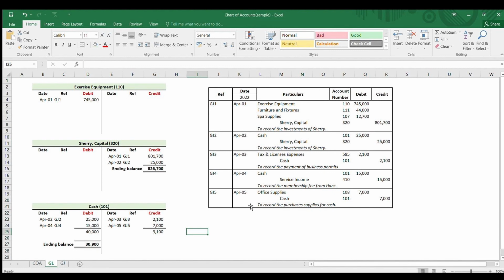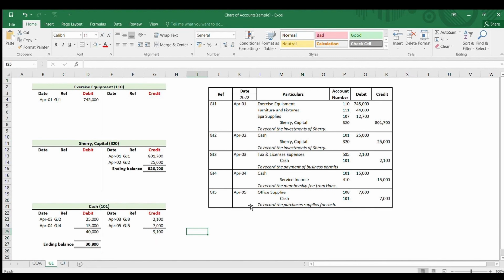Next, on April 4, there is a debit in cash amounting to 15,000, and you will post it again here on the debit portion. And then lastly, on April 5, there is a credit entry amounting to 7,000. At the end of the month, you will have to total the debit portion and the credit portion.